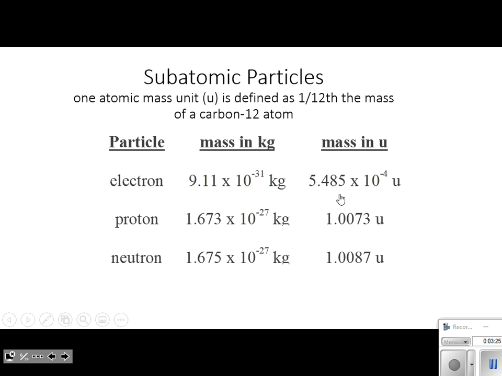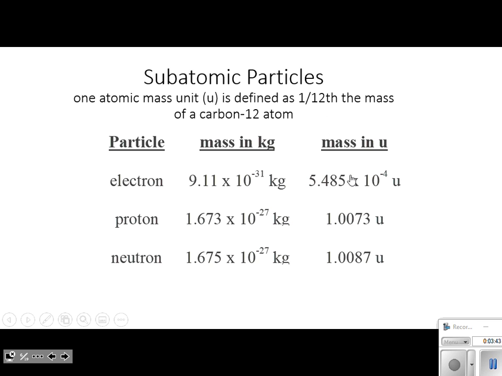Now, when we go through and we look, a subatomic particle, okay, we broke down the atom. We said atoms are made up of subatomic particles. In the nucleus, we have protons and neutrons. And around the nucleus, on the electron clouds, we have electrons.